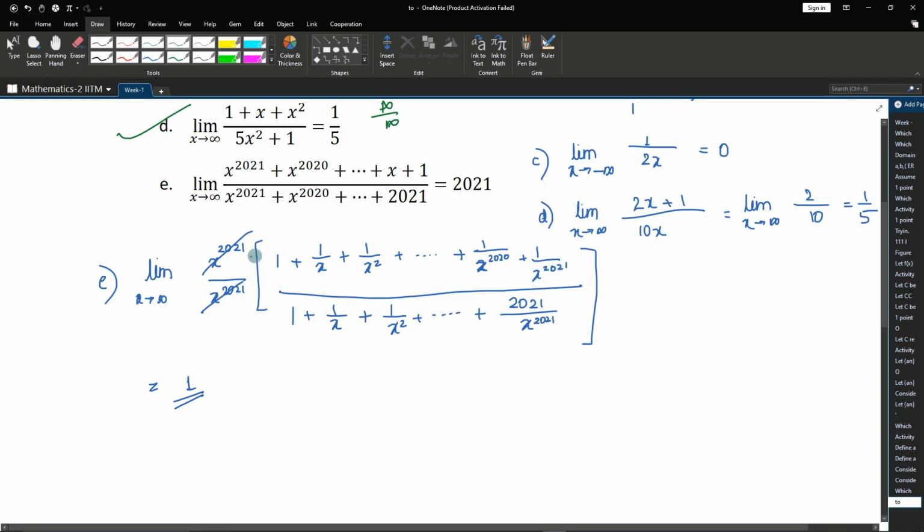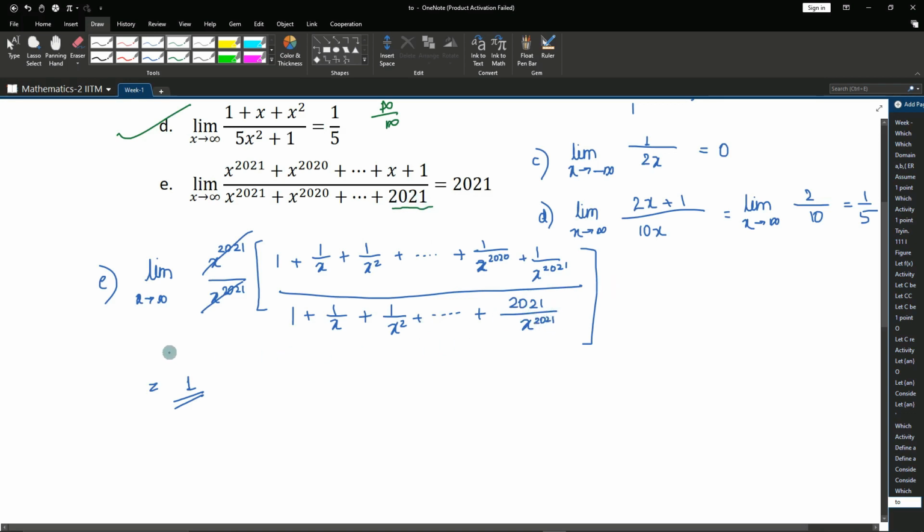If I multiply back, I'll get the original same series, right? I'll also take x to the power of 2021 in the denominator as common. Again, I'll have 1 plus 1 by x plus 1 by x square plus 1 by x cube, and so on up to the last number, 2021. I'll have 2021 divided by 2x to the power of 2021.